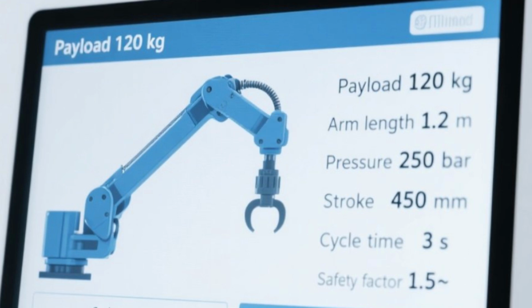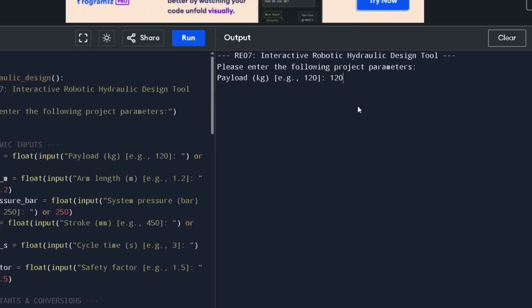System hydraulic pressure equals 250 bar. Cylinder stroke equals 450 millimeters. Extend or retract cycle time equals 3 seconds. Safety factor equals 1.5. These are typical project specifications given by a client or production requirement.